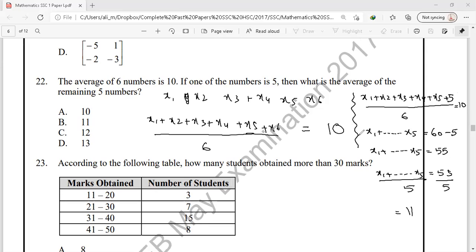So we have now x1 till x5. 6 is multiplied on the other side of the equation, and 5 is subtracted from the right hand side. So we will get the sum of 5 numbers as 55, and if we divide the sum of 5 numbers by the number of terms, that is 5, we will get the average of these 5 numbers, that is equal to 11. So the correct option we have is option B, that is 11.